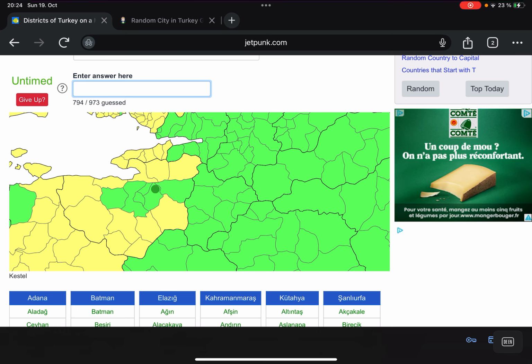So all of these make up the city of Bursa. Then we have Mudanya, Gemlik, Orhan Gazi, İznik, İnegöl, Keles, Orhaneli, Büyükorhan, Turkish people will know what this means, which is very funny.